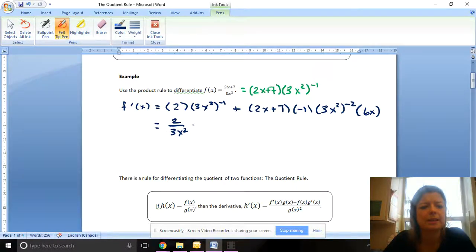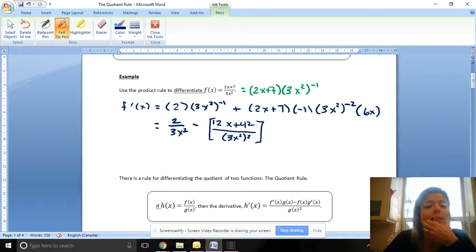So I'm going to say minus 2 times 6 is 12, so 12x plus 42 all over 3x squared. So 3x squared. So it's subtracting this whole thing.